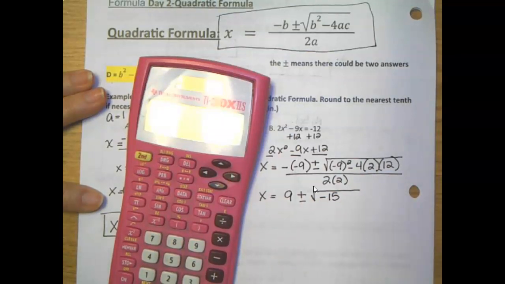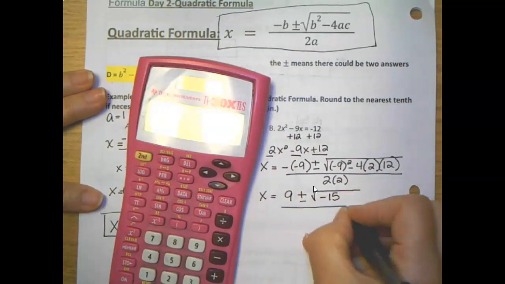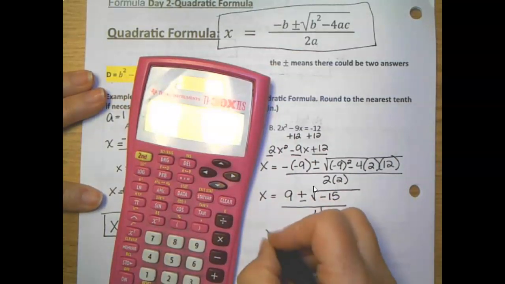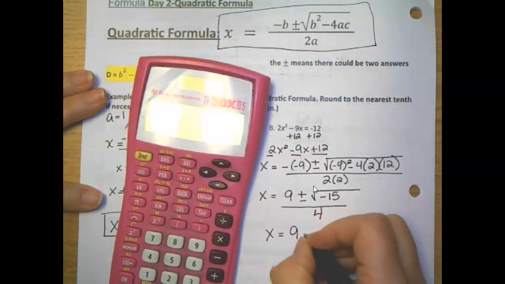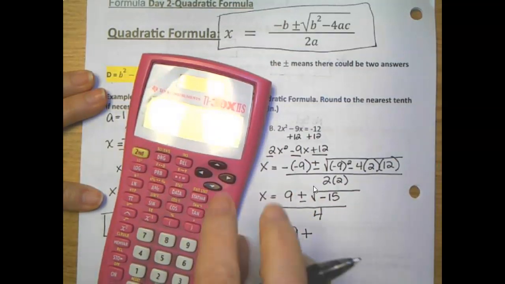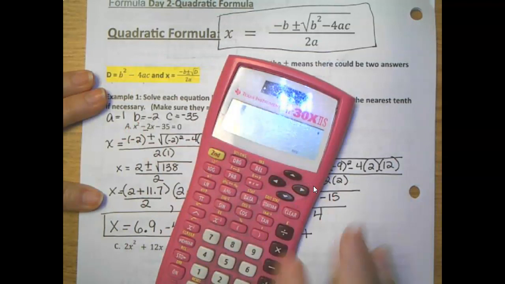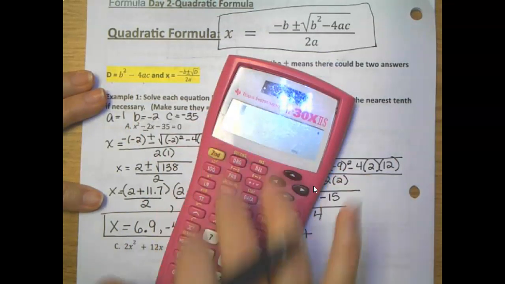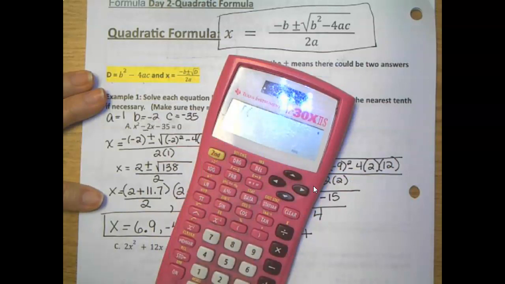Now the problem with that: before I said x equals 9 plus whatever that is, but if you try to square root a negative 15, it doesn't work.